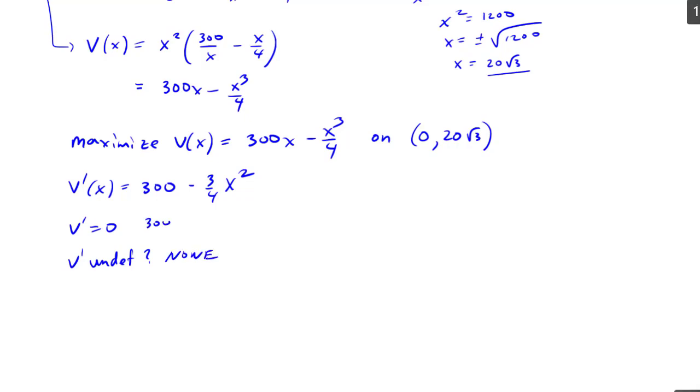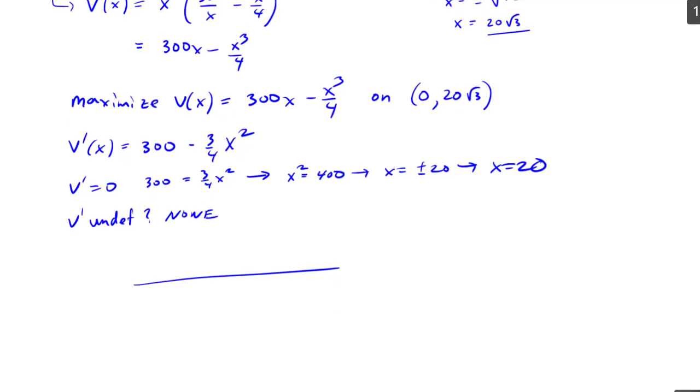If I do 300 equals 3 over 4 x squared, that would give me that x squared equals 400. x is plus or minus 20, but obviously we're only concerned with positives here, so x is 20.